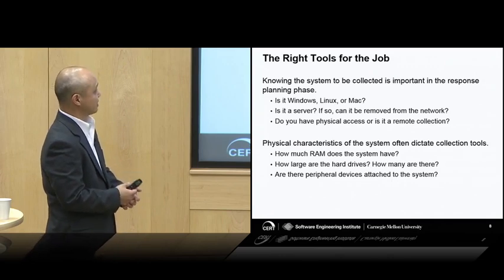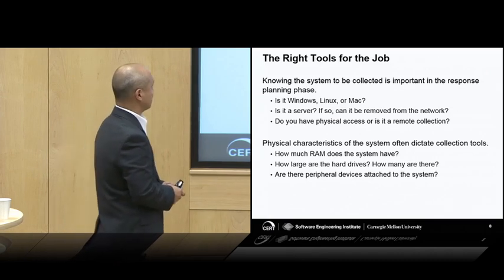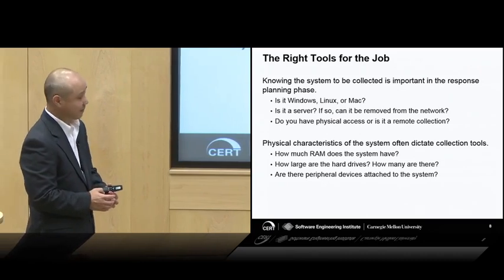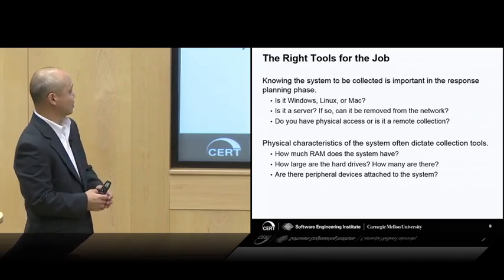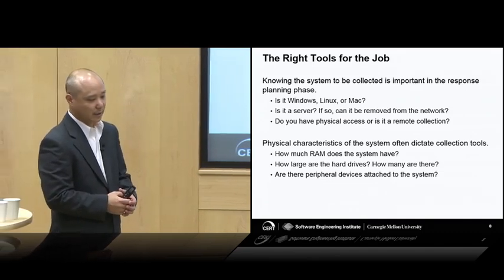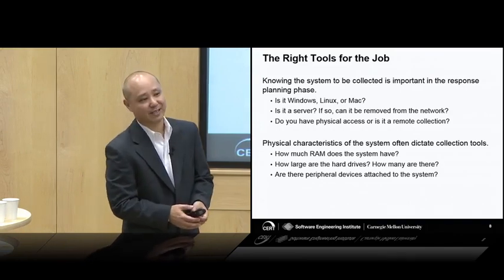Physical characteristics of the system, sometimes that dictates what kind of tools you're going to be using. How much RAM does that particular device have? Right? How large are the hard drives, and how many are there? If you're familiar with RAIDing, that is the redundant array of independent disks.